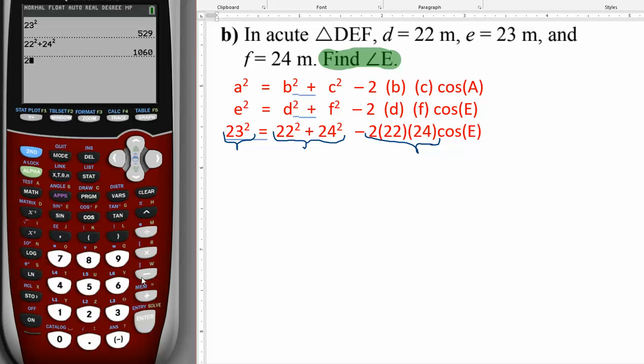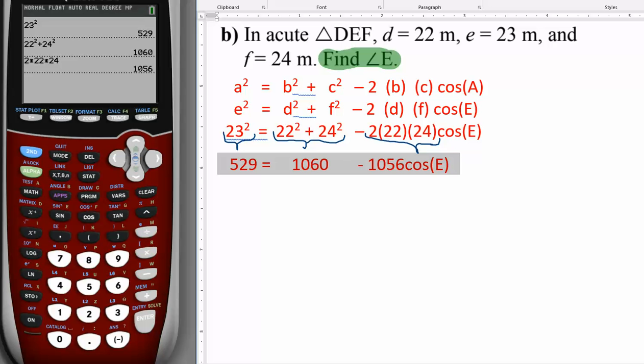And then 2 times 22 times 24 gets us 1056. So when we substitute in all of those values just from doing some simple arithmetic, 529 equals 1060 minus 1056 times cosine of E. And here's where the algebra kicks in.